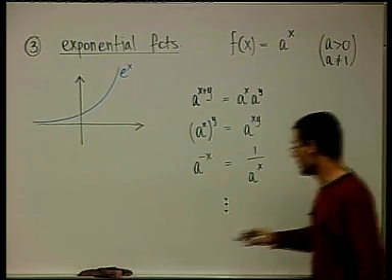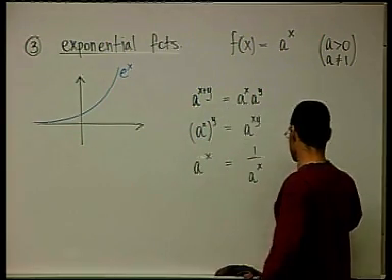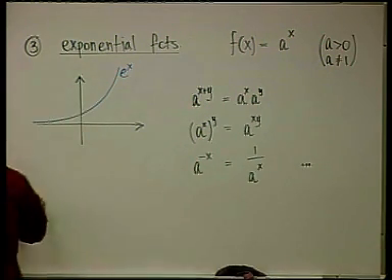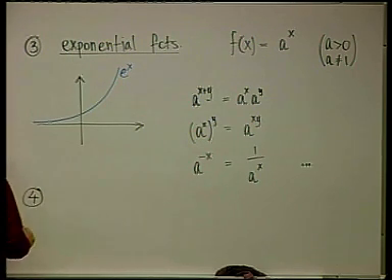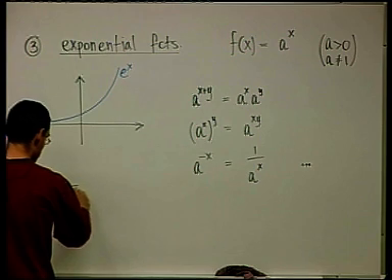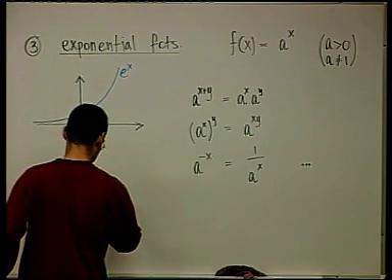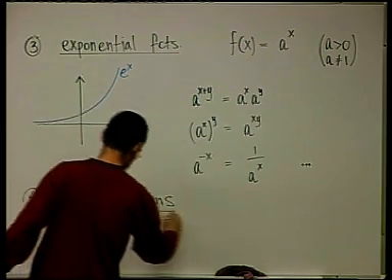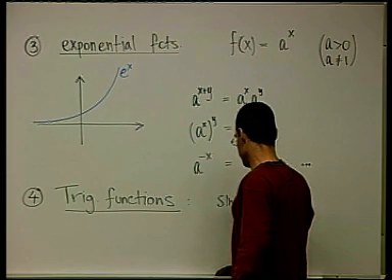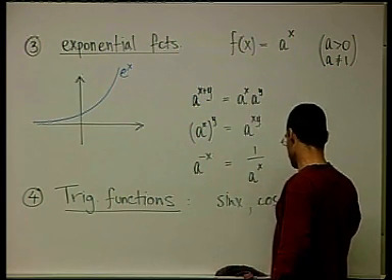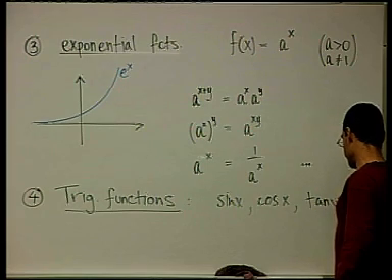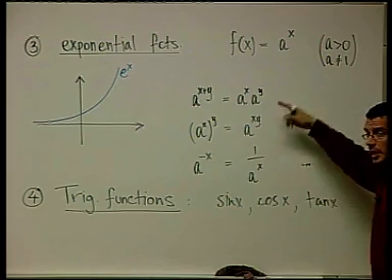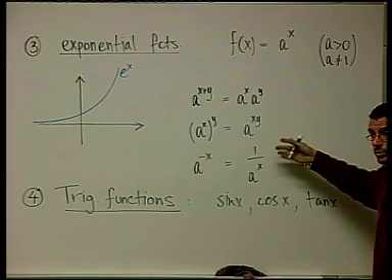And the last family that I want to mention now, there are going to be more a bit later, is trig functions. We've discussed these: sine x, cosine x, tan x, etc. And for these, there's a lot of background knowledge I expect you to know as well.